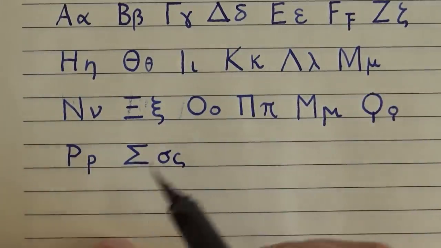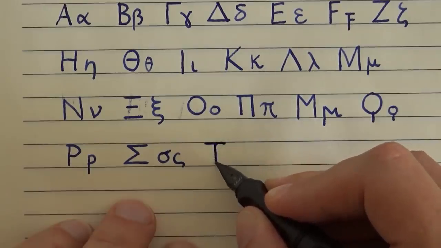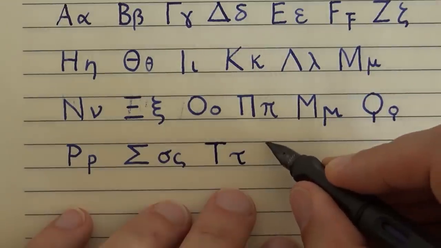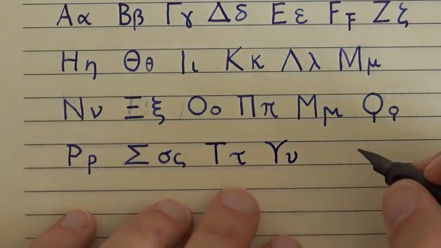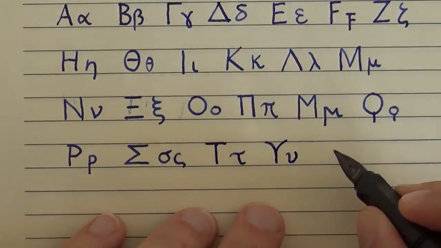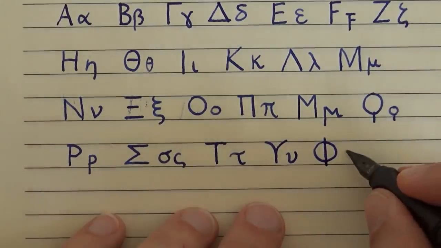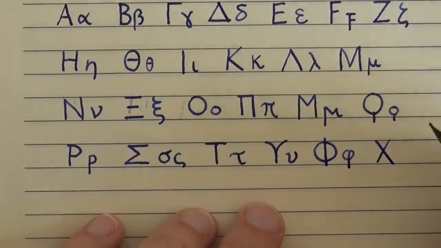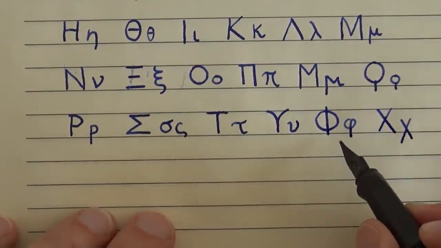Like the sum of something, then you use sigma. Tough. Epsilon. Phi, chi.